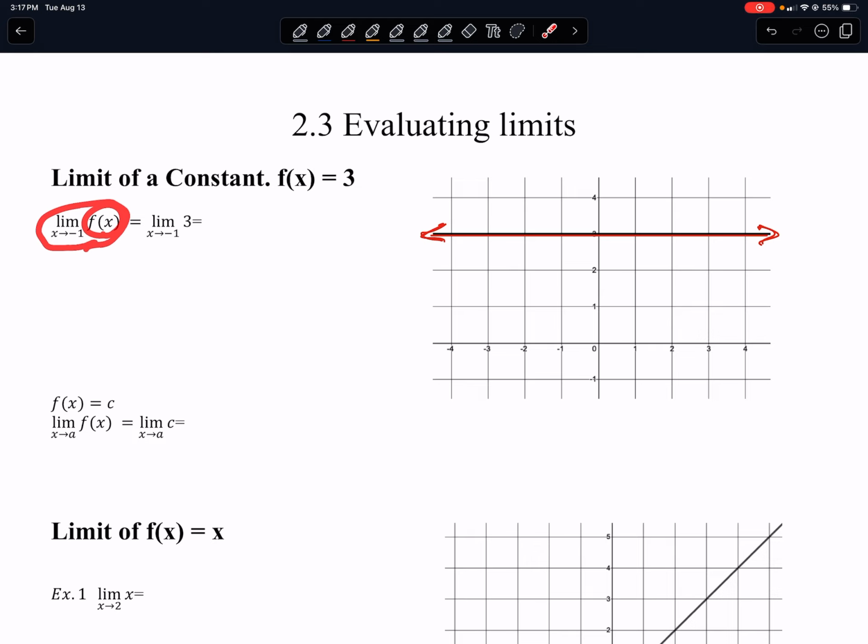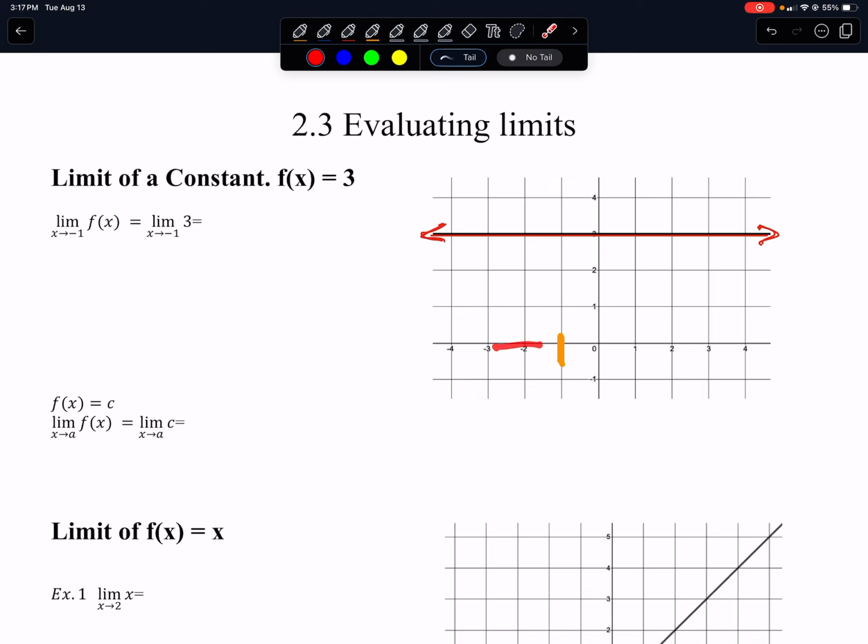So if you think about this, the limit as x approaches 1 from the left of f of x, where f of x is 3. So what are we doing here? Where is, not 1 from the left, sorry. We're approaching -1. So that means for this limit to exist, the left-hand side and the right-hand side must be the same. Where is this? I will show you. There is -1. So we're approaching -1 from both sides.